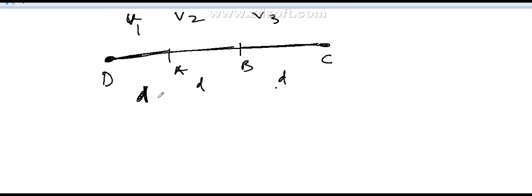A man covers 3 equal distances. The distance is D, D, D. See, these are equal distances, correct? The distance should be the same. This is D, this is D, this is D. Velocity is V1, V2, V3.